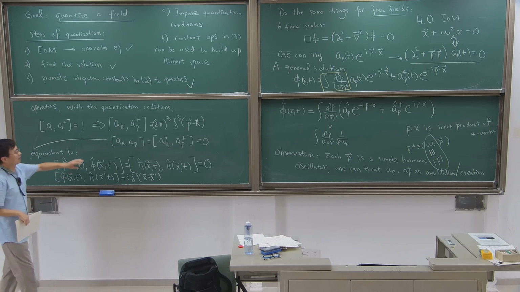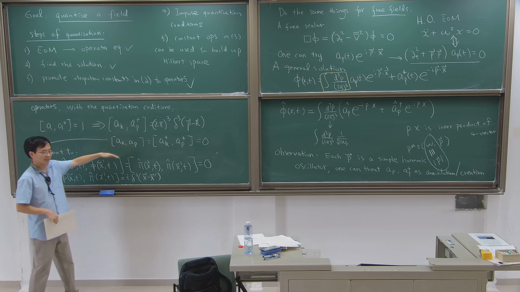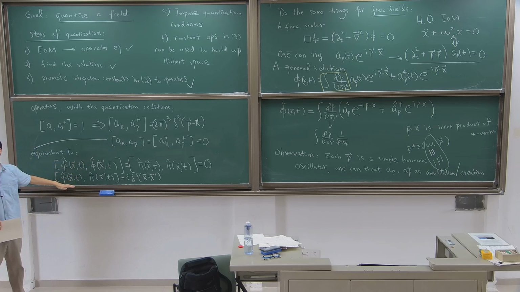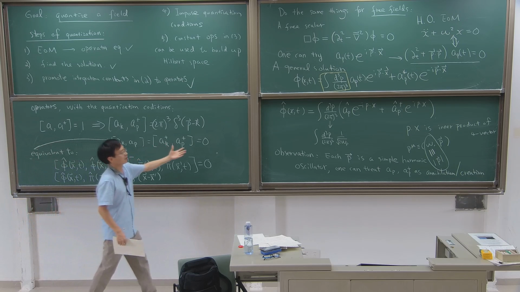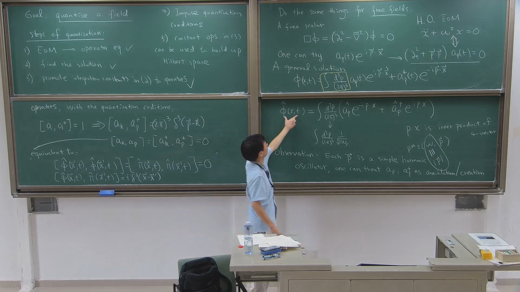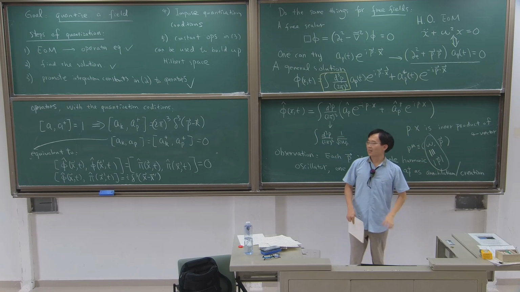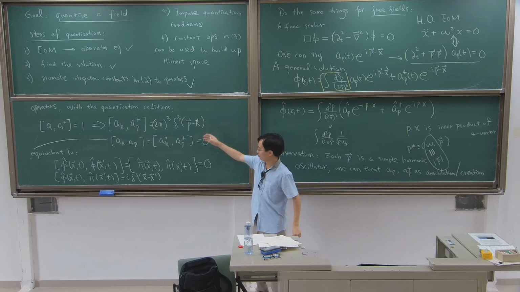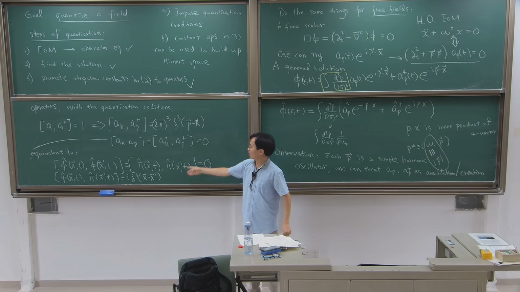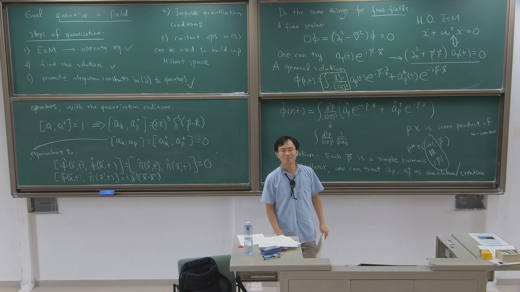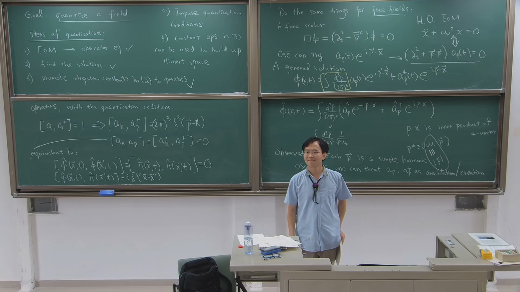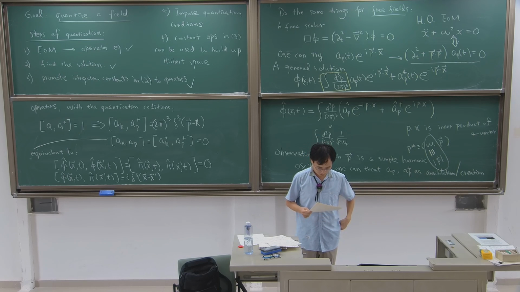So you can easily check these three conditions are equivalent to these three conditions. In what sense? In the sense that you make use of this expression for the relation between phi hat and a dagger. Either you impose this one and derive this, or you impose this one and derive this. So in that sense, they are just equivalent in different form.